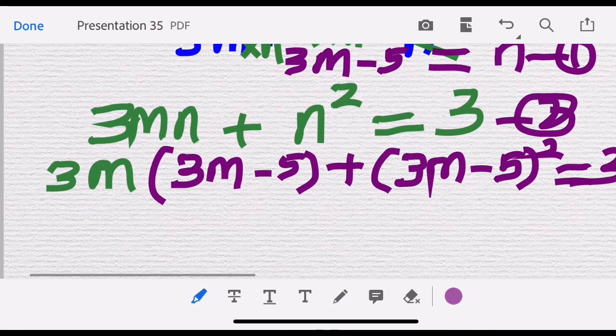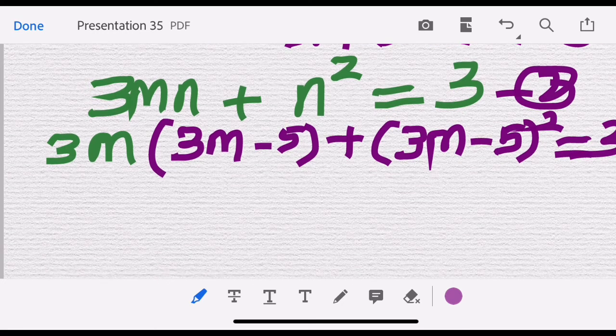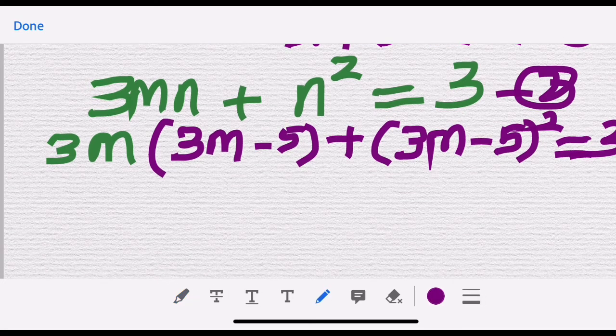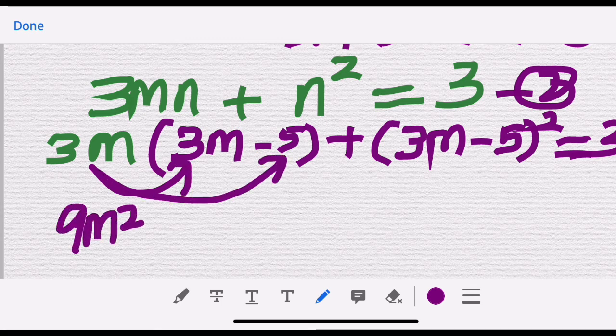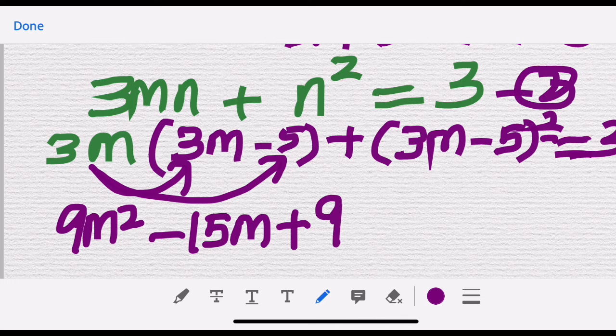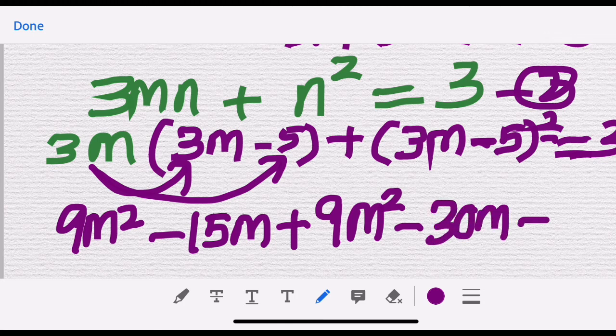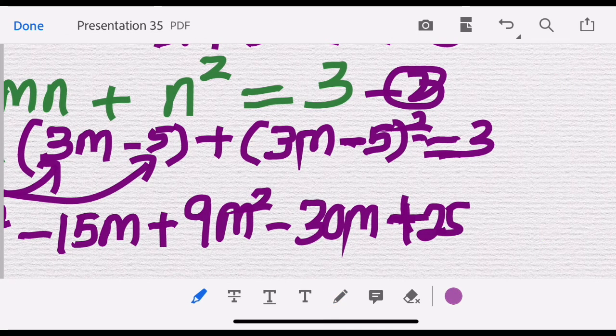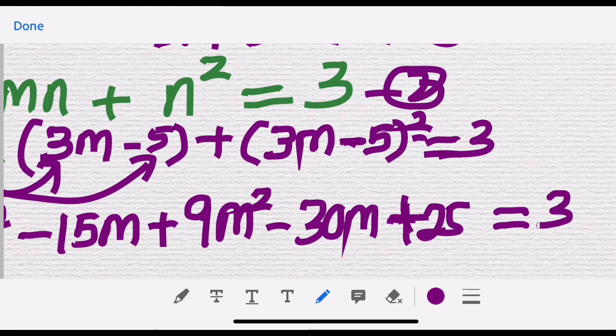So I'm actually converting to one unknown, so I can expand carefully. 9m square, then negative 15m, and then be careful, this is square, so it will be 9m square minus, there is a minus there, 2 times 3, 6, 6 times 5, 30m. Got it? Plus is always plus the last term for the quadratic equation, plus 25 equal to 3, right?